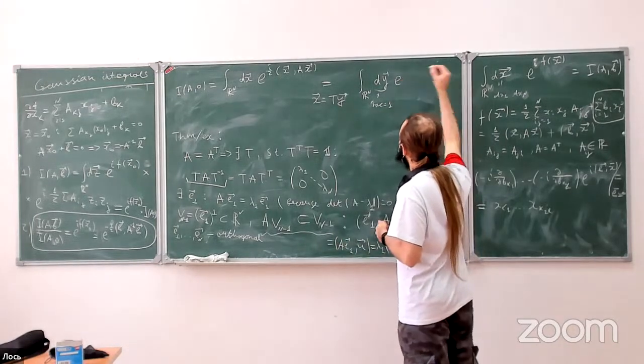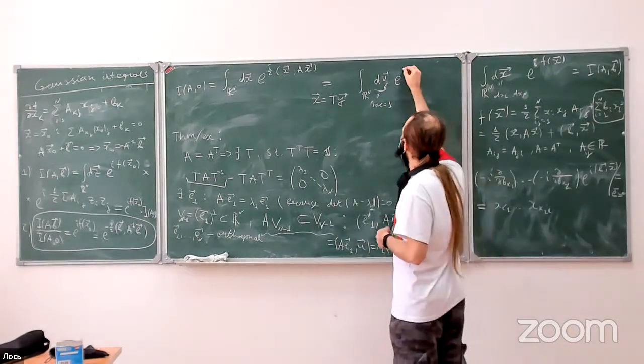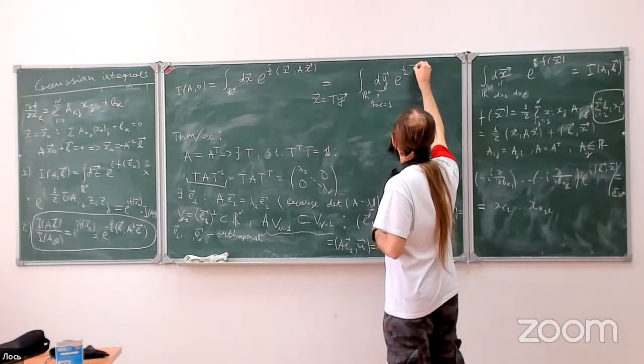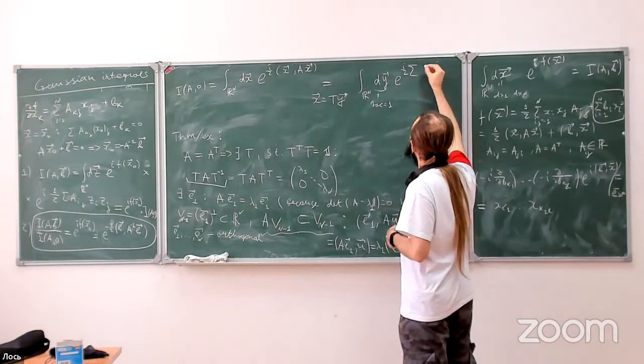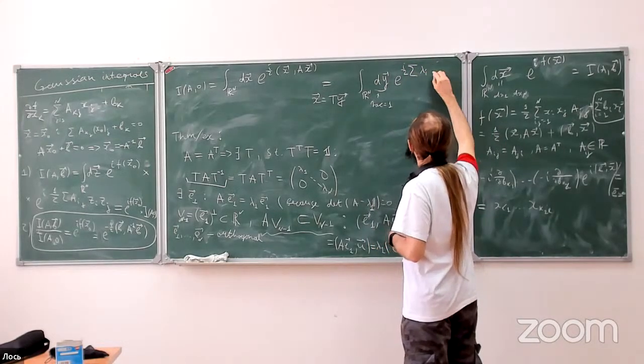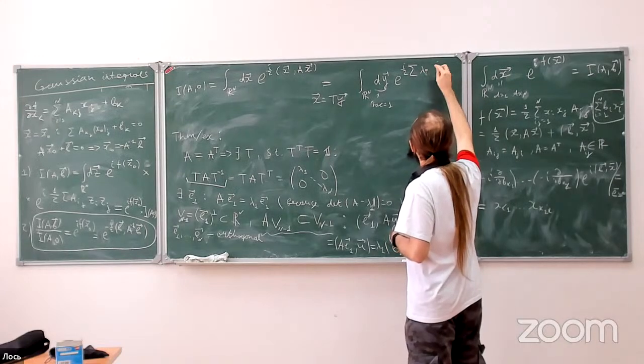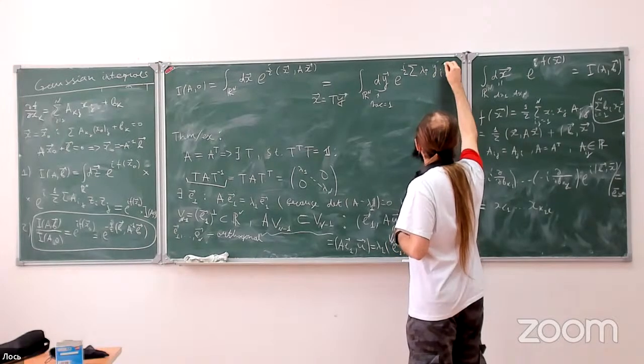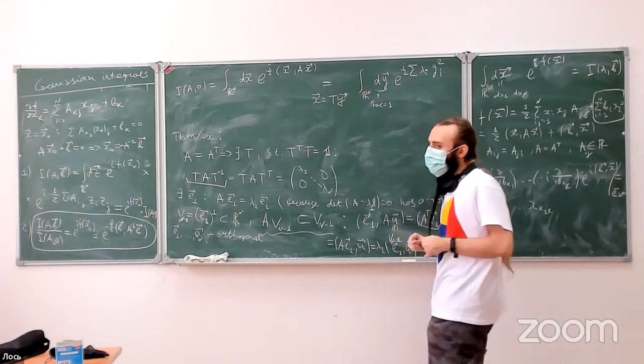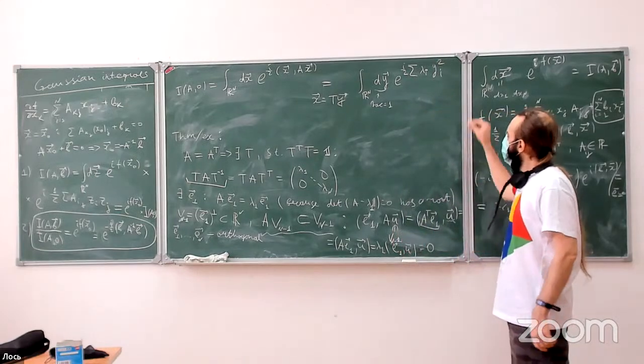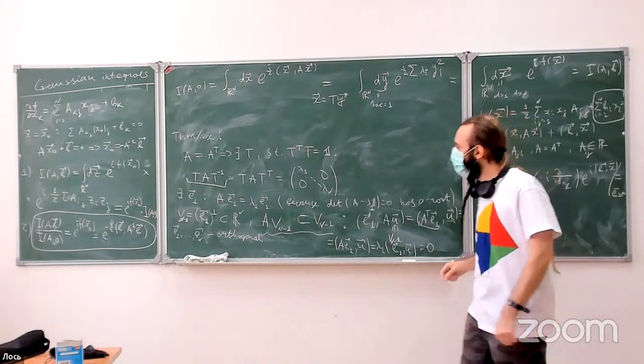And we see here i over 2 sum of lambda i y_i squared. And now we can compute these integrals.